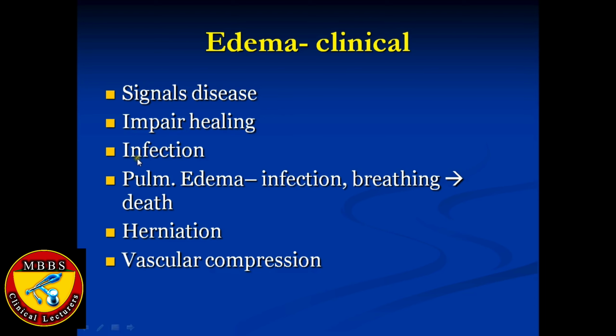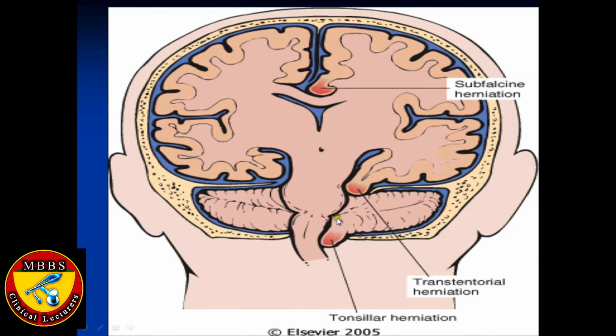We have discussed the herniation situations, especially herniation towards the foramen magnum. You can see this is the brain tissue, and when it enlarges, because of being present in a confined space, it moves out through the openings that it can find.